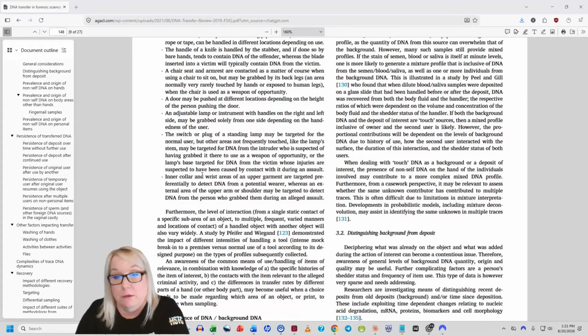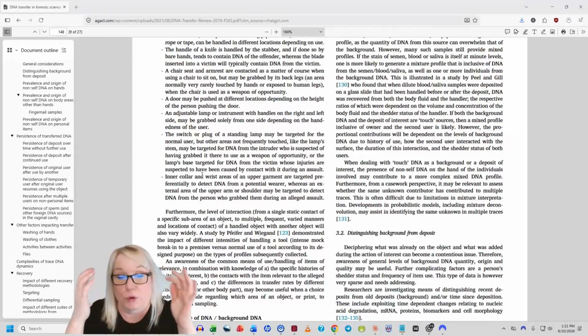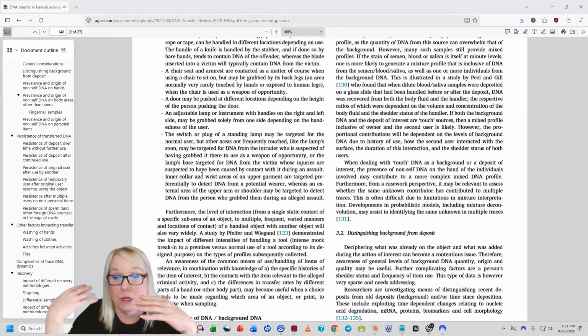Furthermore, from a casework perspective, it may be relevant to assess whether the same unknown contributor has contributed to multiple traces. Oh my God, this is going to blow your mind. This is often difficult due to limitations in mixture interpretation. Developments in probabilistic models, including mixture deconvolution, may assist in identifying the same unknown in multiple traces.